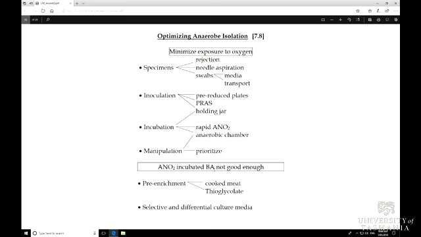The key thing to maximising how often you can grow anaerobes is to minimise the exposure of the organism and the specimen to oxygen. And it might sound pretty simple, but it's much harder than you think. Deep wound somewhere. Here's my swab. In it goes through the big sinus hole in your chest.